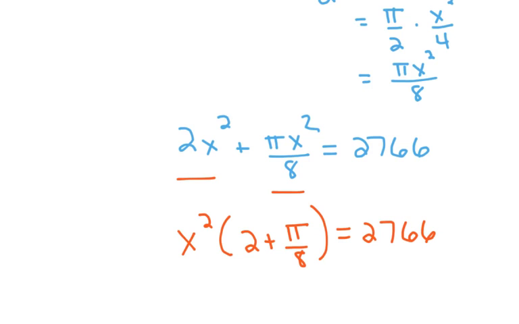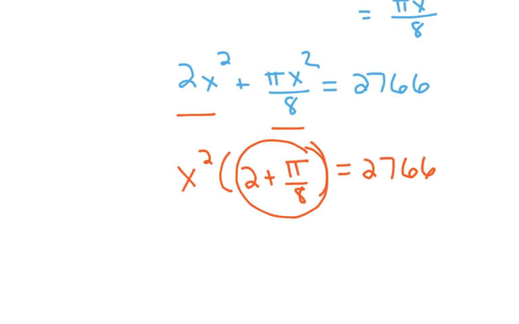Matter of fact, if it makes you feel better, you can turn this into a decimal in order to finish the problem off. So I'm going to put into my calculator 2 plus, there is a pi function on the graphing calculator. It's the second function over the caret key, or the key that you would use to raise a number to a power.